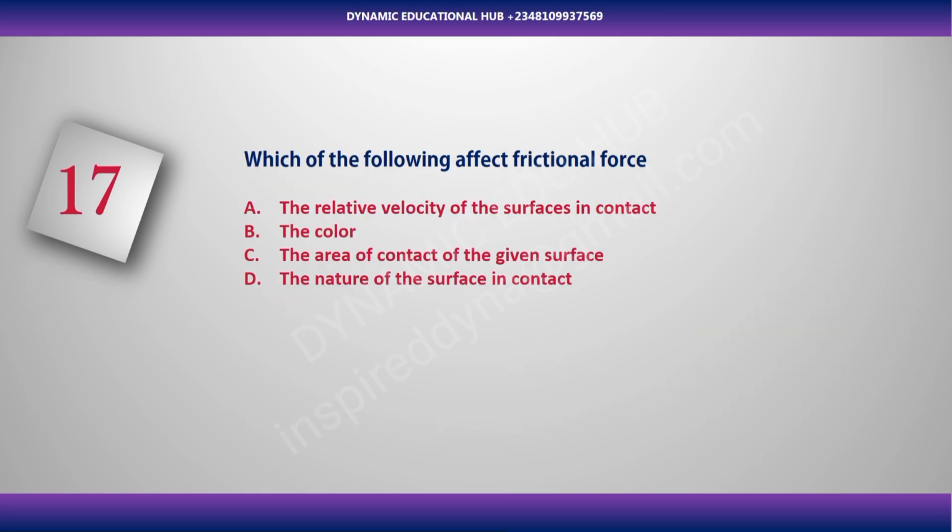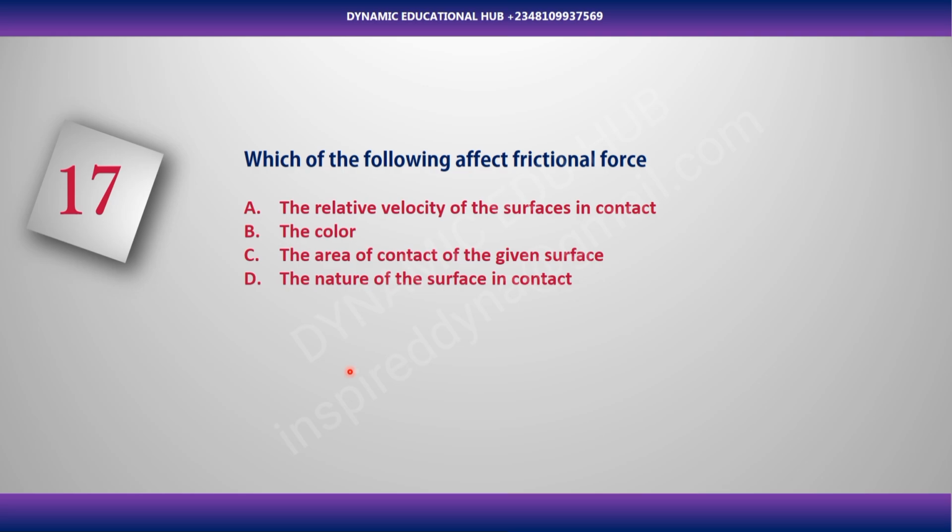So the last question: which of the following affects frictional force? A, the relative velocity of the surfaces in contact. B, the color. C, the area of contact of the given surface. D, the nature of the surface in contact. Wow.